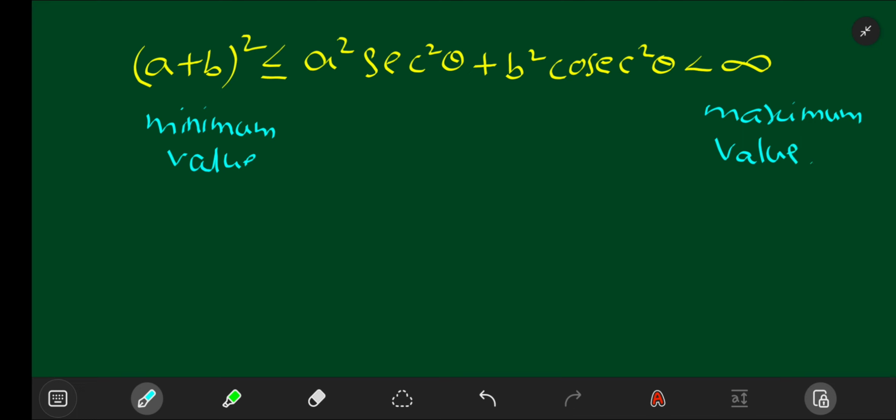Okay, this is the formula. A square sec square theta plus b square cosec square theta. Its minimum value is a plus b whole square and its maximum value is infinite.